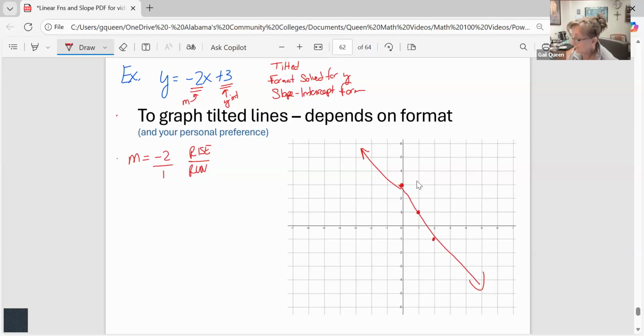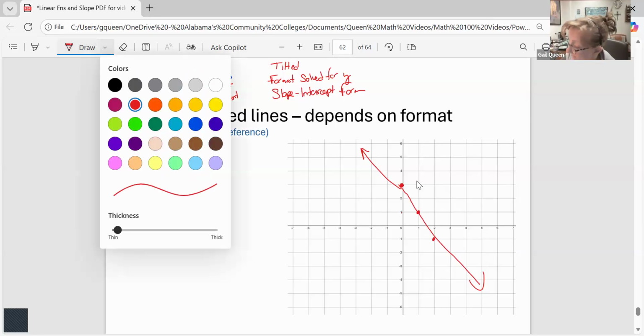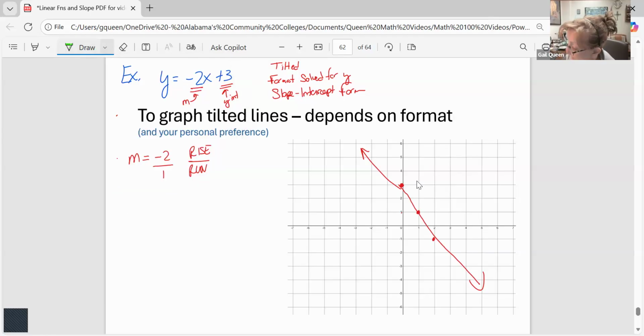All right, now, if you don't want to count rise over run and do it that way, I said that it depends on your preference. Here's the other way you could do it. The other way to do it is to take your equation of your line, and even though it's in slope-intercept form, you can make an XY chart, and you can find 2 ordered pairs on your line. I can let x equal 0.